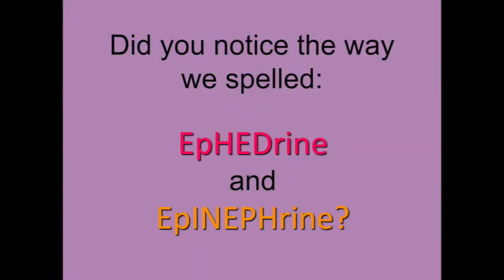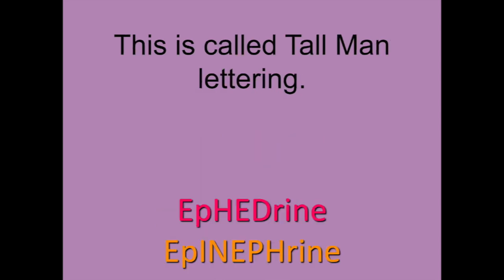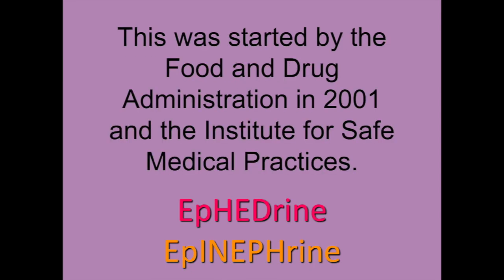I wanted you to notice that we did not make a mistake in the way that we wrote the spelling for the words ephedrine and epinephrine in this case. Notice that there are some capital letters there, and there's a bunch of capital letters in a row. This is called tall man lettering, and it was brought about by the Food and Drug Administration back in 2001, and along with the Institute for Safe Medication Practices.